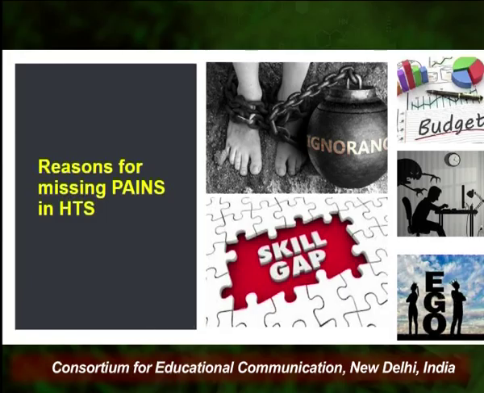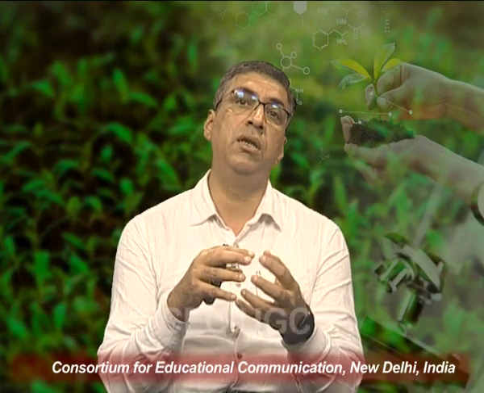Second is the lack of skill in order to identify those compounds and to separate them. Another reason is the lack of appropriate budget to afford sophisticated techniques to characterize and identify the compounds. Publication pressure has also been highlighted as a reason why scientists normally miss the PAINS while performing HTS. And last but not least is the ego.